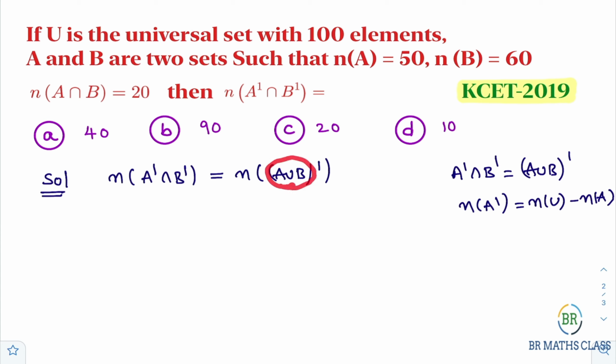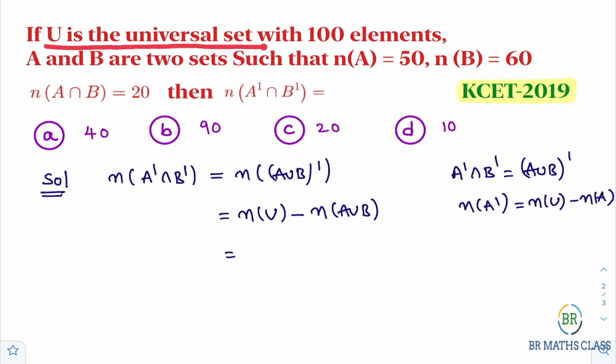This is also like n of A dash only. So the formula is n of universal set minus n of A union B. You observe in the question they gave, U is the set with 100 elements. That means the number of elements in the universal set is 100. So n of U they gave as 100, minus n of A union B.